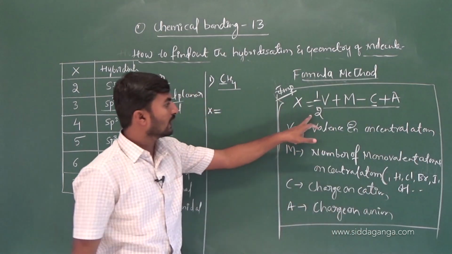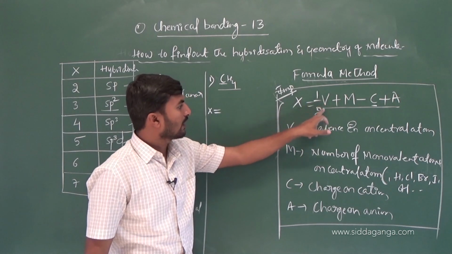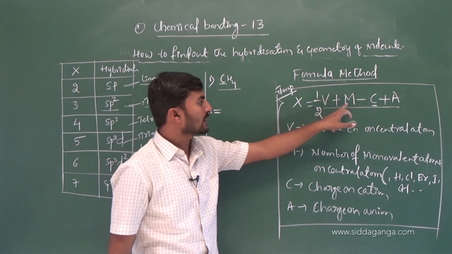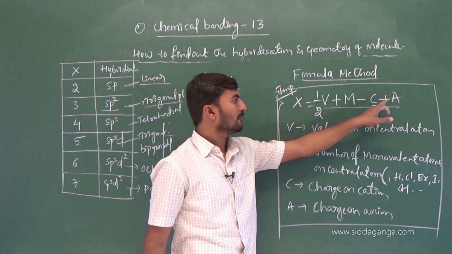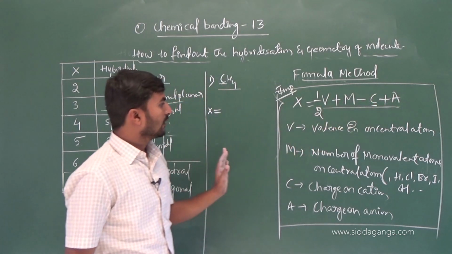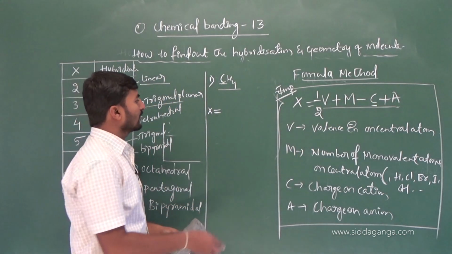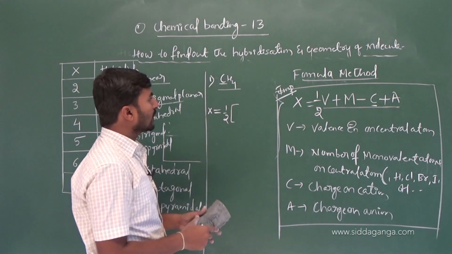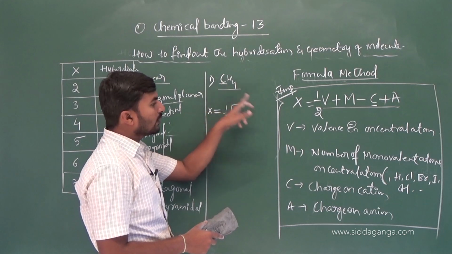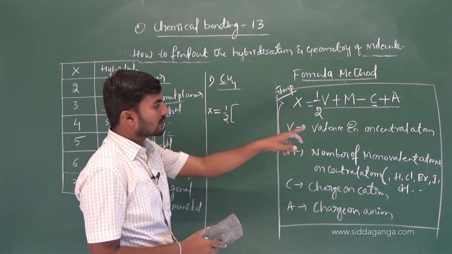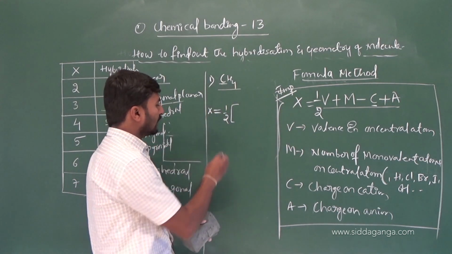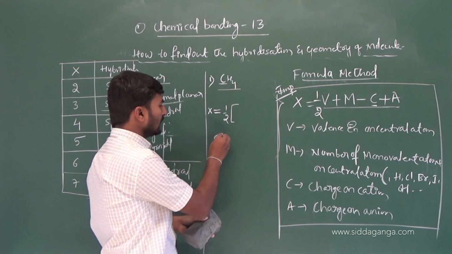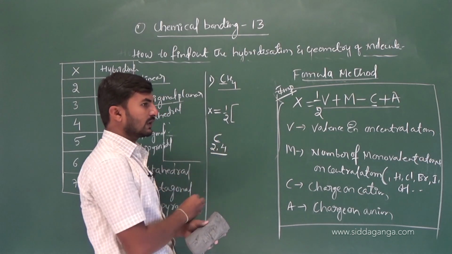This is the formula, I just forgot to write it: half into V plus M minus C plus A. This is the formula, you must remember. Here, half into how many number of valence electrons on the central atom? Carbon means it is having 2-4 configuration.